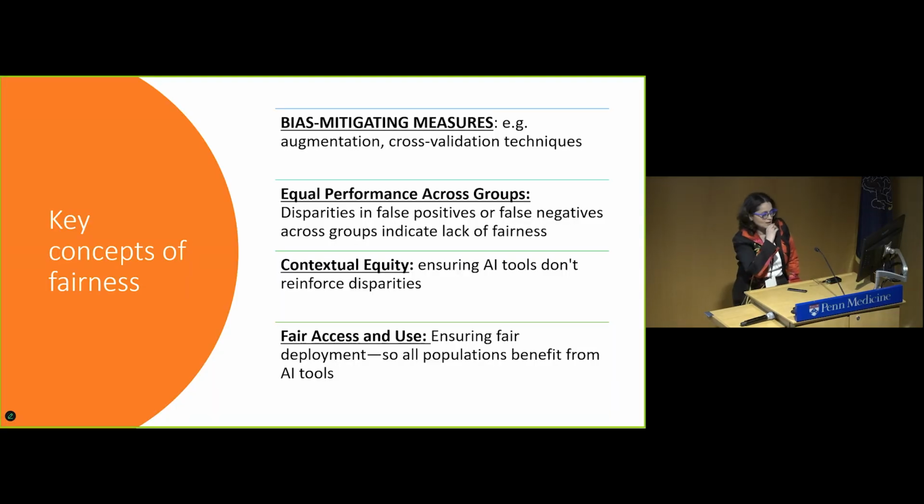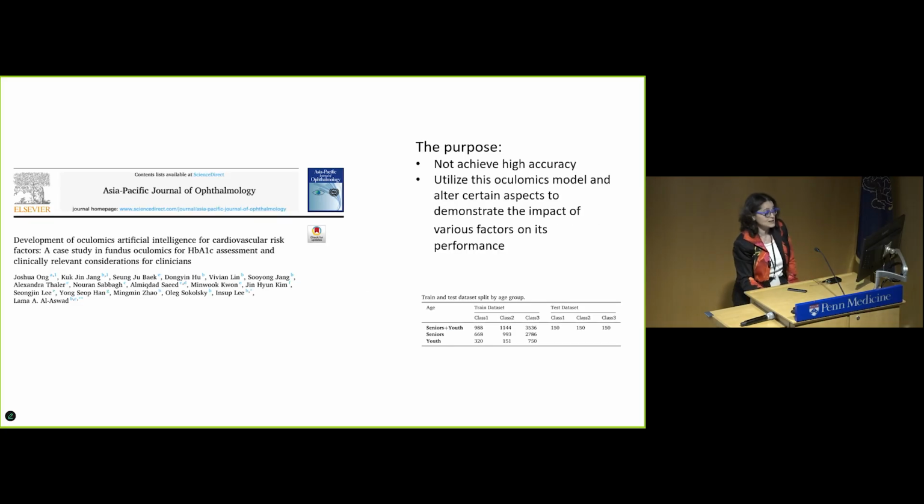Just to cut time, the other thing is we want to make sure that there is fairness, no bias, equal performance among different groups. We need to make sure there's equity and fairness in all of that. One of the studies that we recently published is about testing the importance of inclusion in the data.